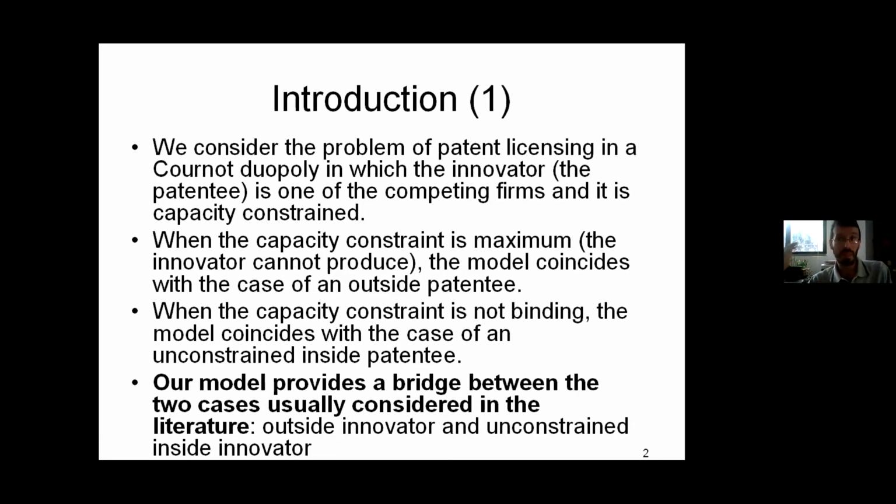When the capacity constraint is never binding, it is the same as the case of an inside innovator. So what we aim to do is to provide a bridge between the two models usually considered in the literature: the case with an outside innovator and the case with an inside unconstrained innovator.